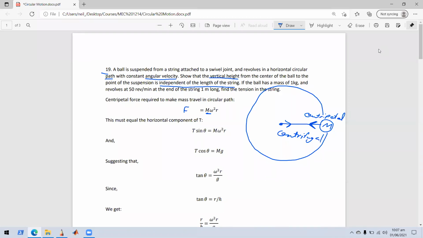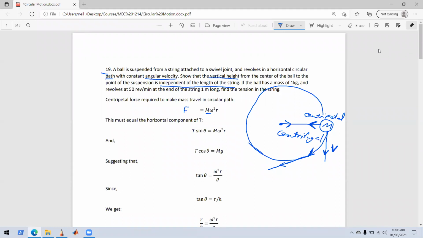Now, let's say this object is moving at some velocity, going around this way. Some linear velocity, V, and that linear velocity would be tangential to this circle. In order for it to change, this velocity needs to be constantly changing from here to something like this as it moves around, right?